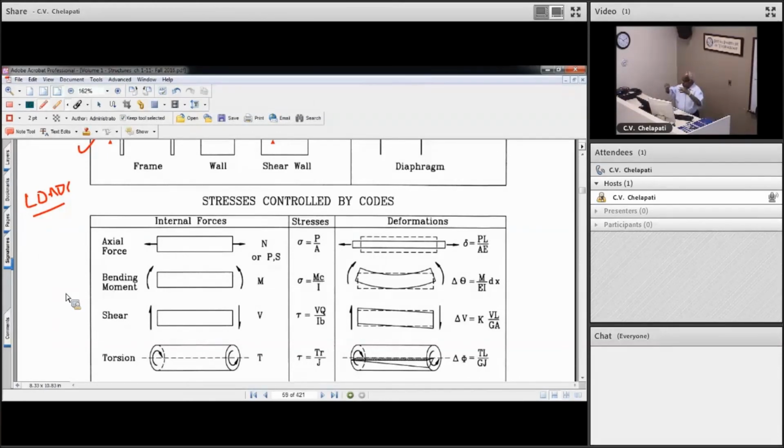The external forces will create internal forces. This is like a column or just a member with an axial force N, or P, or S, whatever it is. It could be a bending moment, or a shearing force, or also a torsion.